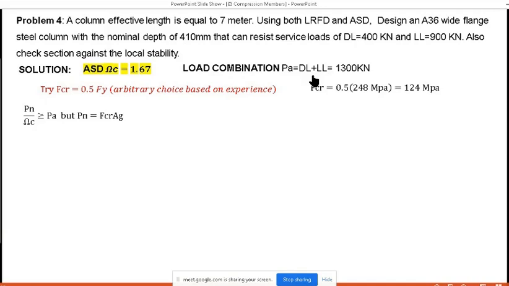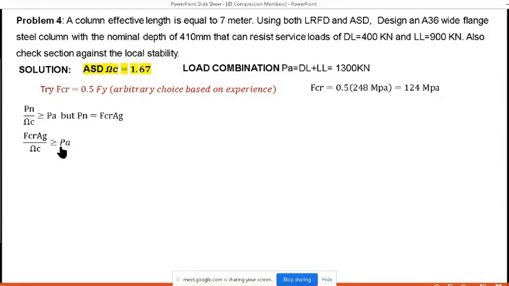Ito yung PA natin dito, that is 1,300 kilonewton. And our nominal strength is equal to FCR-AG. That is in our code pa rin. So if we substitute yung equation ng PN dito, ang lalabas na equation natin is this. We have FCR times AG over our factor. This should be greater than our service load.